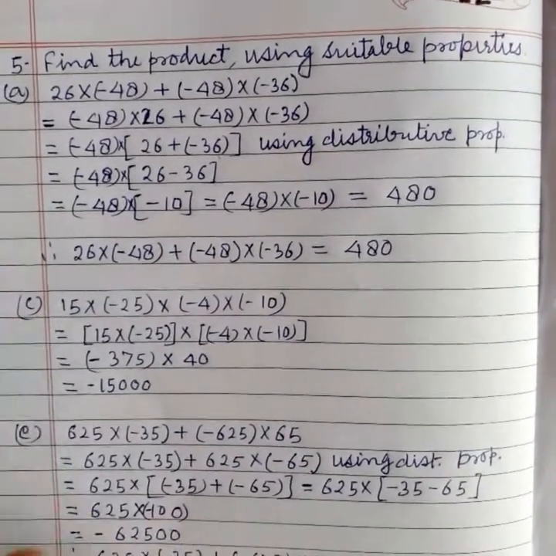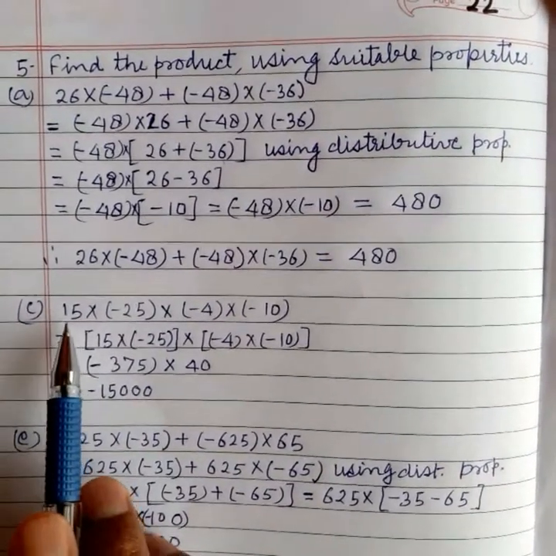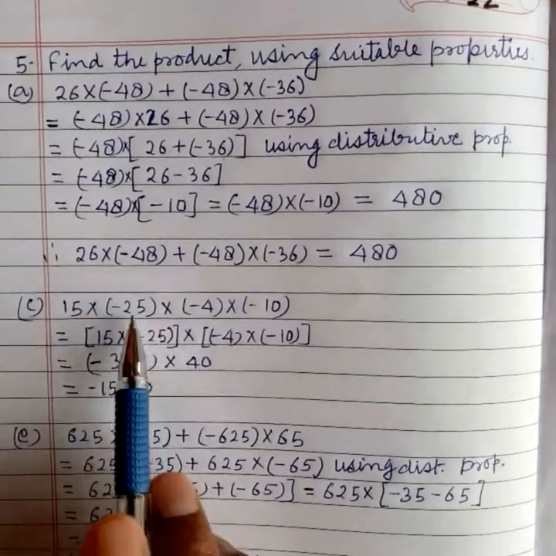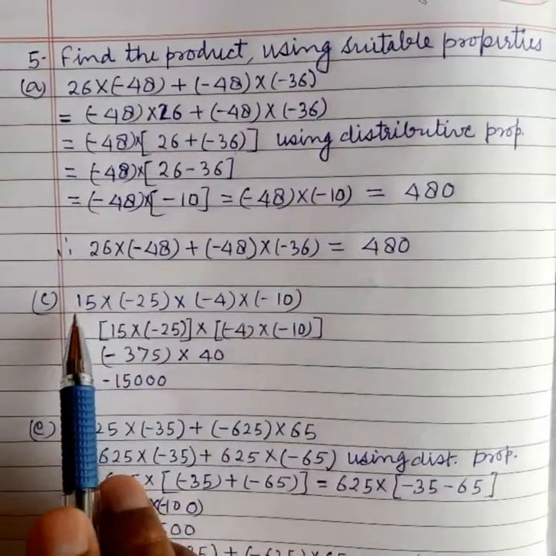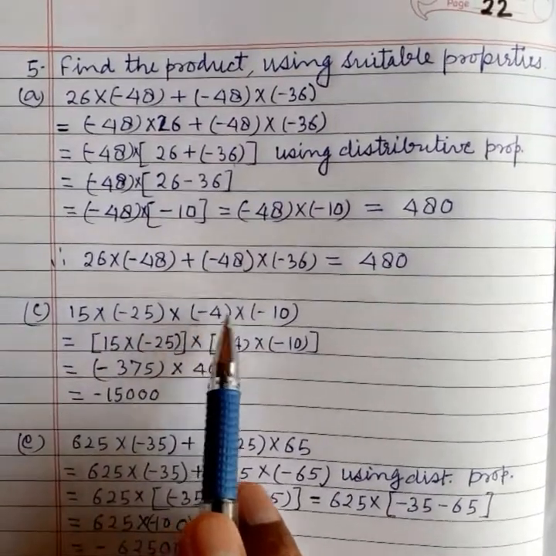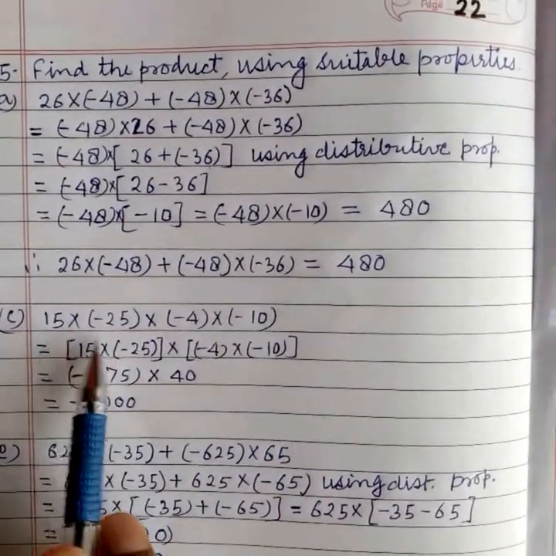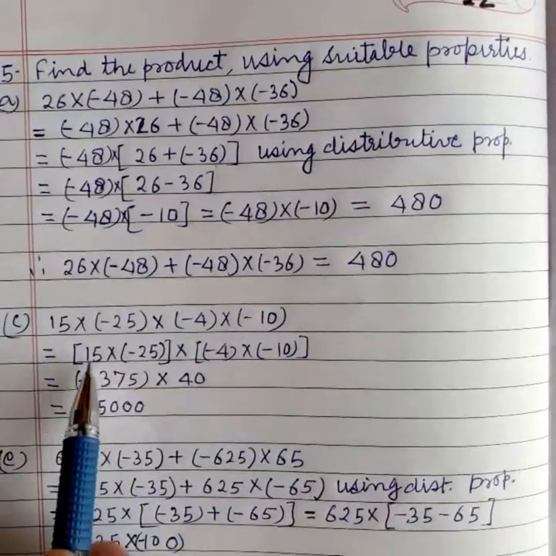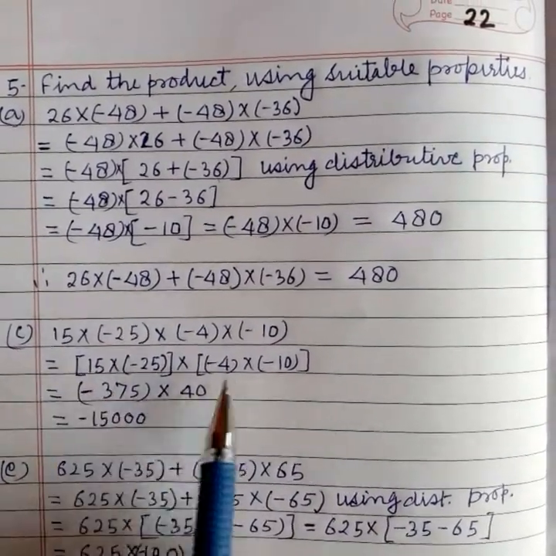Now the C part. In the C part, we have to find the product of these four integers. These integers are 15, minus 25, minus 4 and minus 10. For taking their product, we can make two groups.